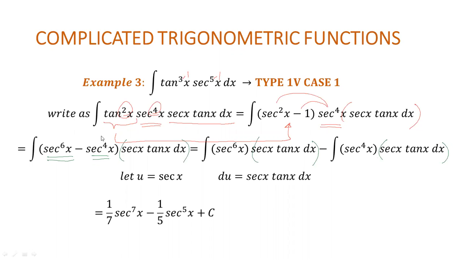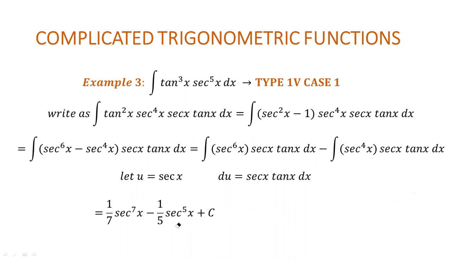That way, you will just need the power rule, because for the function of the secant, the derivative is secant tangent, or secant x tangent x. Okay, so hopefully you got the explanation on this particular example, the pair of the secant tangent product wherein both their exponents are odd.